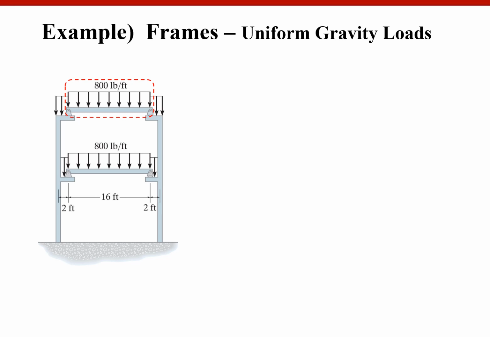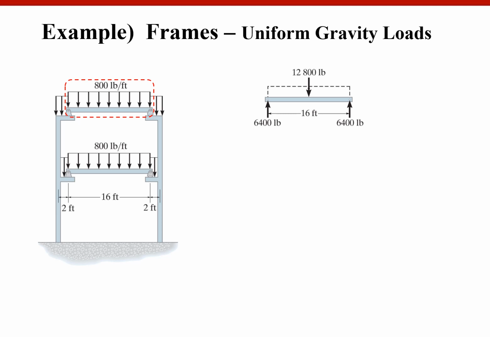Okay, analyze the simple beam portion first, like this, because it's a uniform load. Again, don't forget you are going to have a dashed line here. The textbook does not care about the dashed line, but I explained the importance of the dashed line.